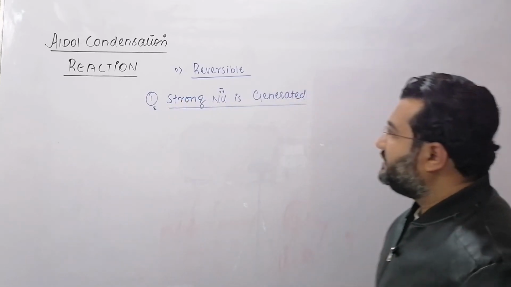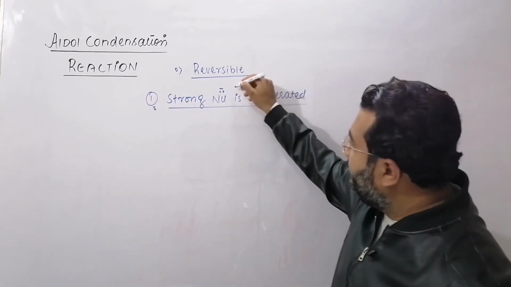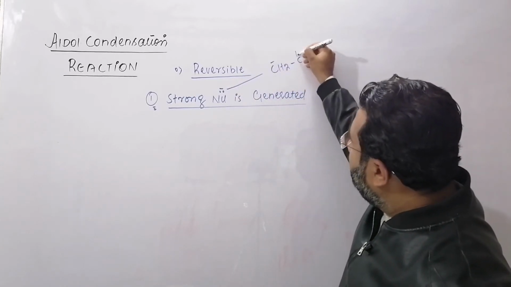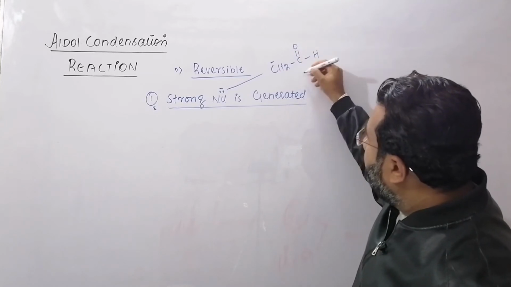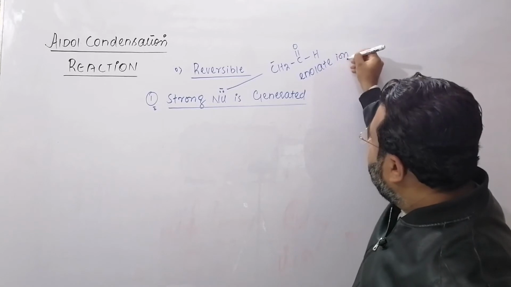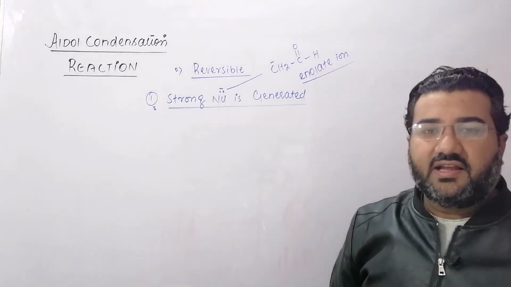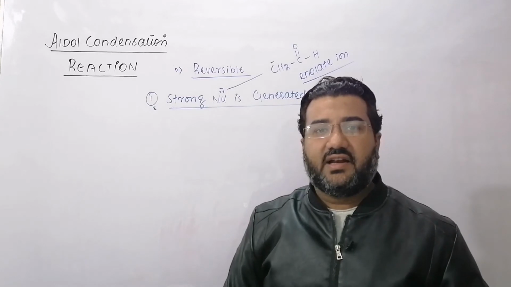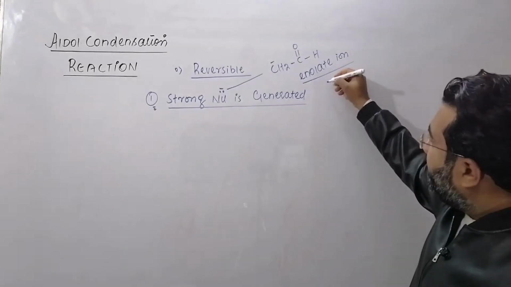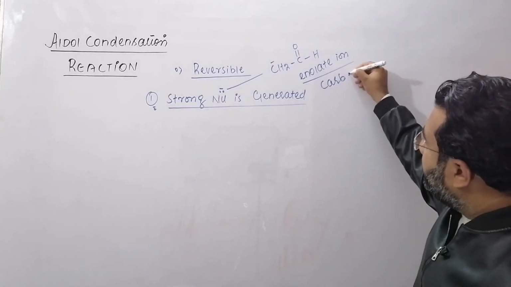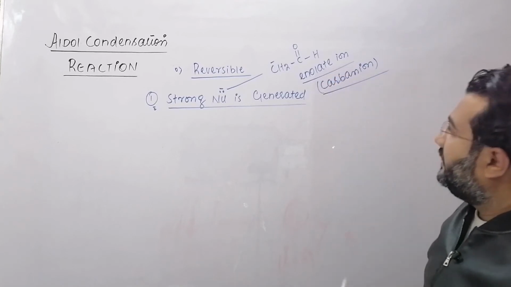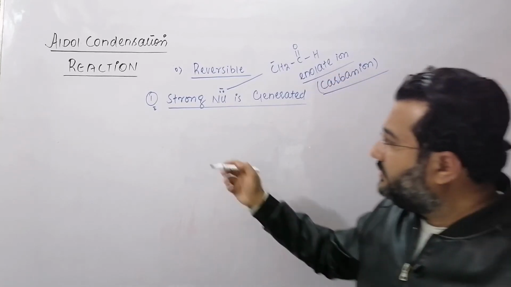And dear students, that strong nucleophile is basically an enolate ion. So this one is the enolate ion. And keep in mind that an enolate ion is the ion in which the alpha carbon of the aldehyde carries the negative charge. And this enolate ion can also be called a carbanion because the negative charge is present on the carbon atom.